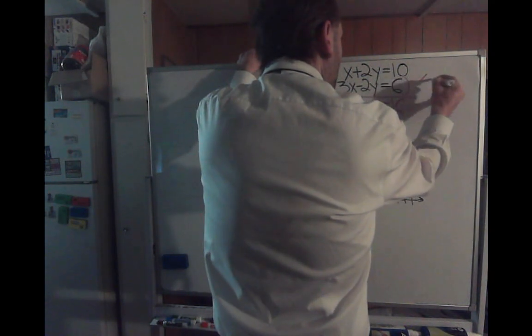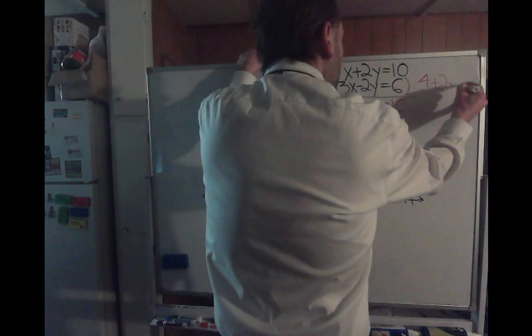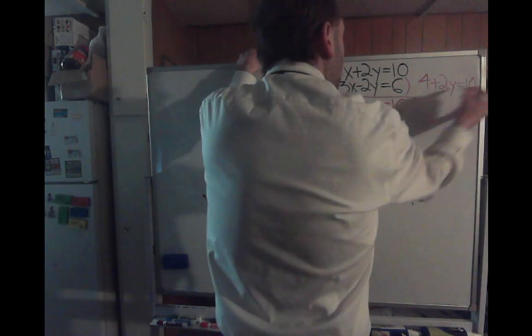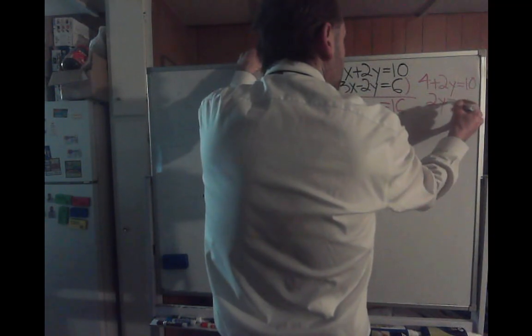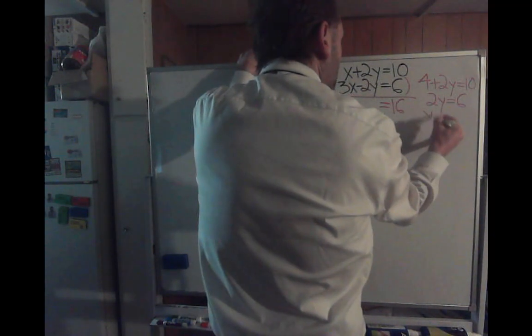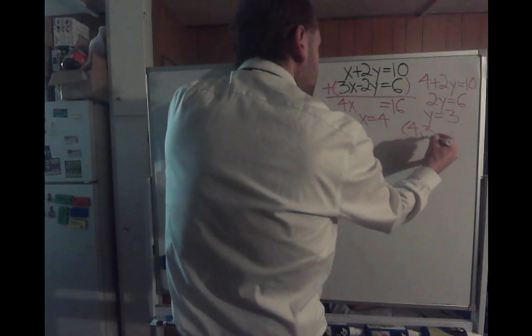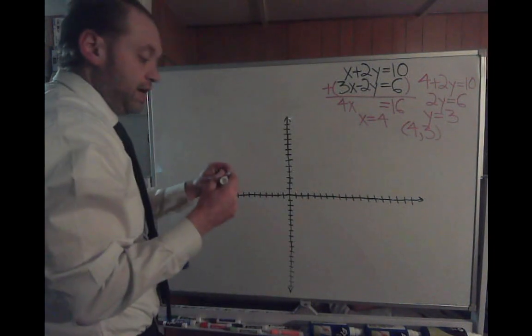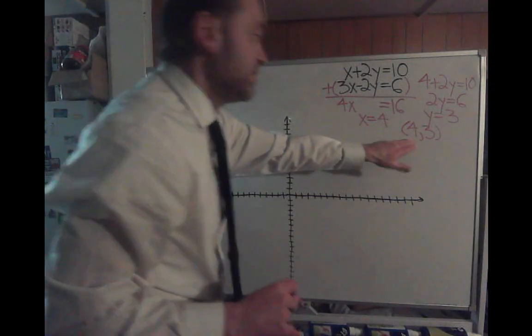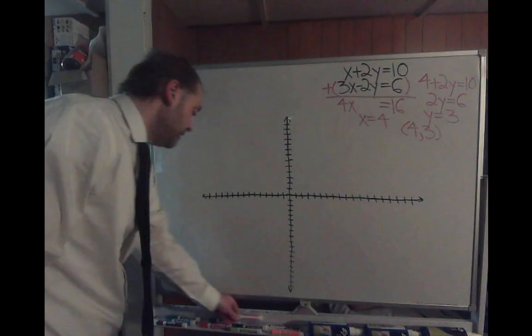We'll put it into the top one, so if I put in 4 plus 2y equal to 10, I'll end up getting that 2y equals 6, which gives me the y-coordinate of the point of intersection at 3. So my point of intersection for these two lines would be at the ordered pair 4, 3.